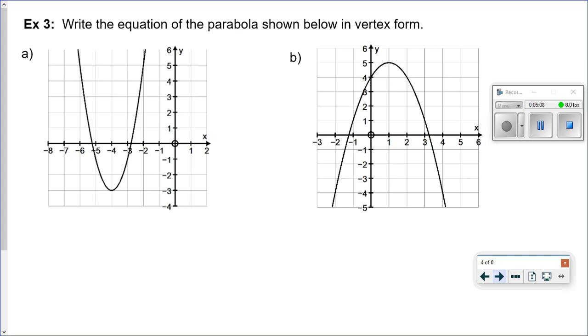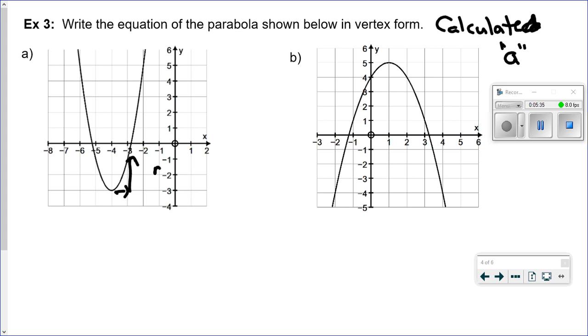Now, I did show you, and I want you to calculate A. I did show you that you could use your step pattern.